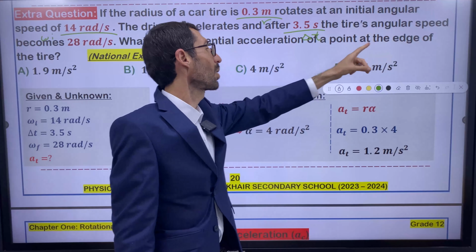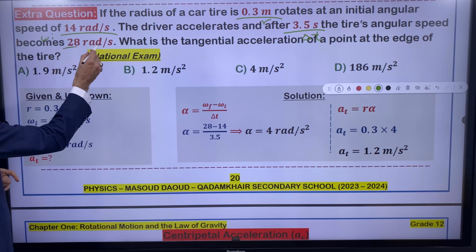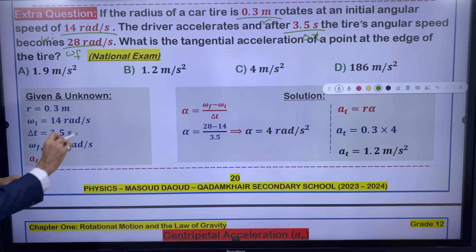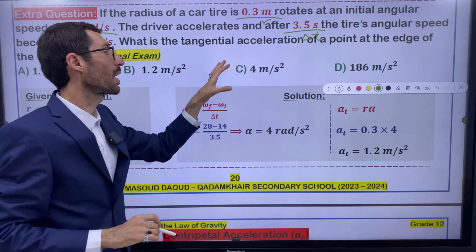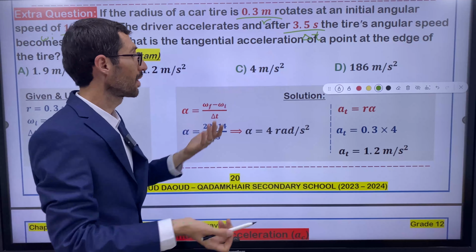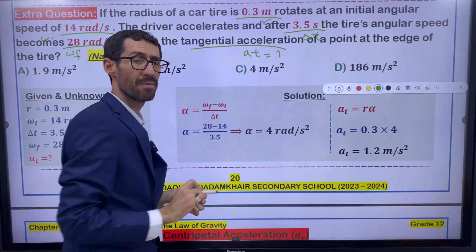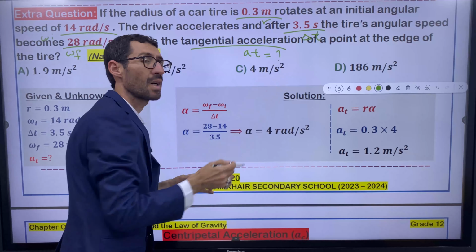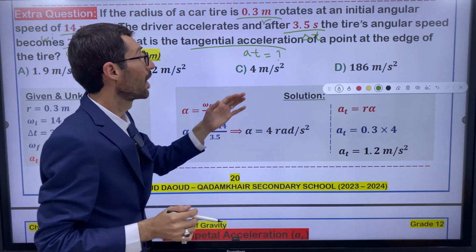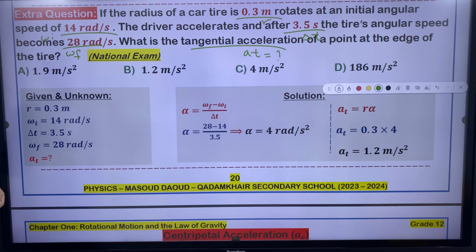The tire's angular speed will be 28 rad per second. So this one is omega f. What's the tangential acceleration? You see, we look for tangential acceleration like the previous question. I can see they are copy paste of one another. Of a point at the edge of the tire.